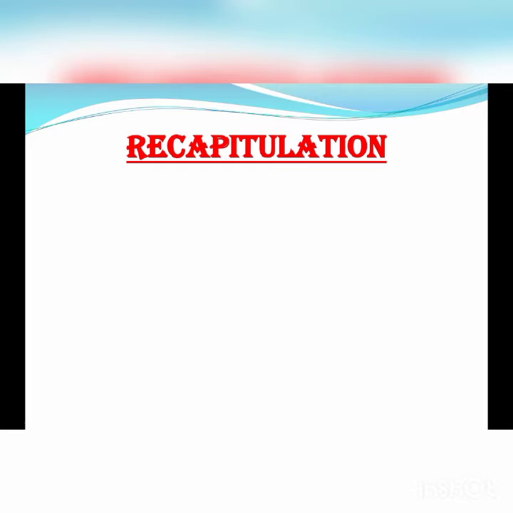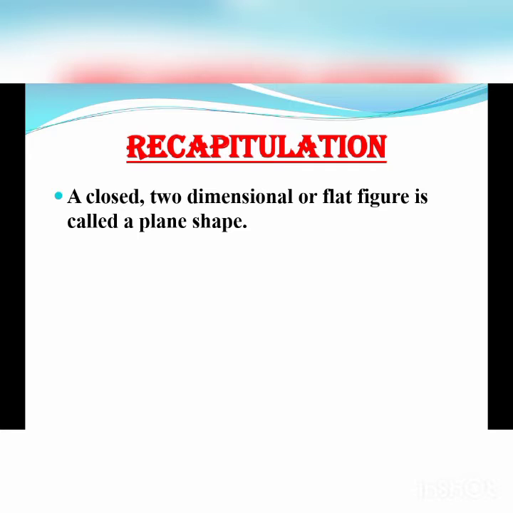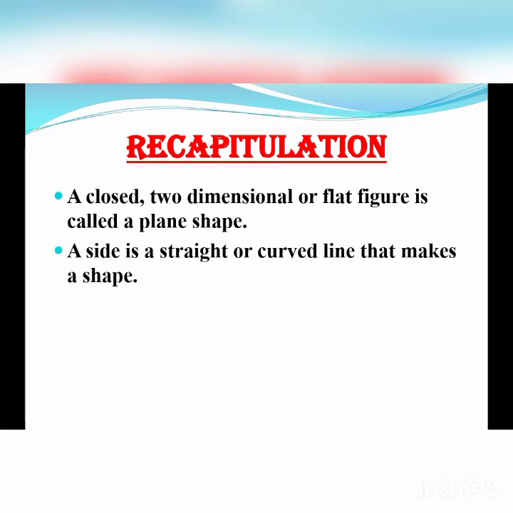We learned that a closed two-dimensional or flat figure is known as a plane shape. A side is a straight or curved line that makes a shape. A corner is where two sides meet.